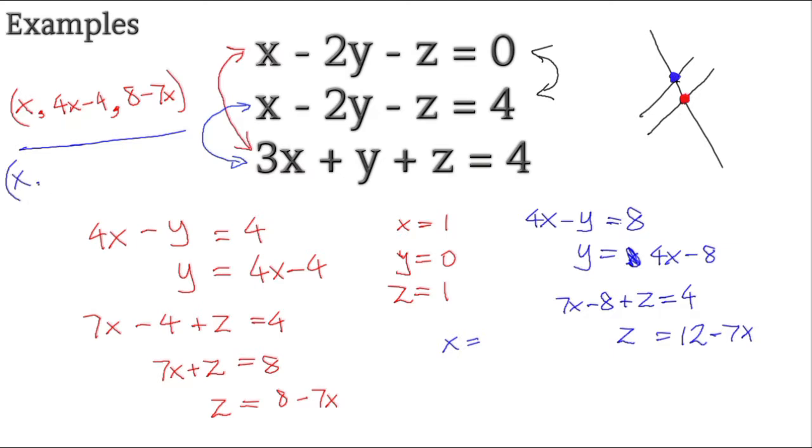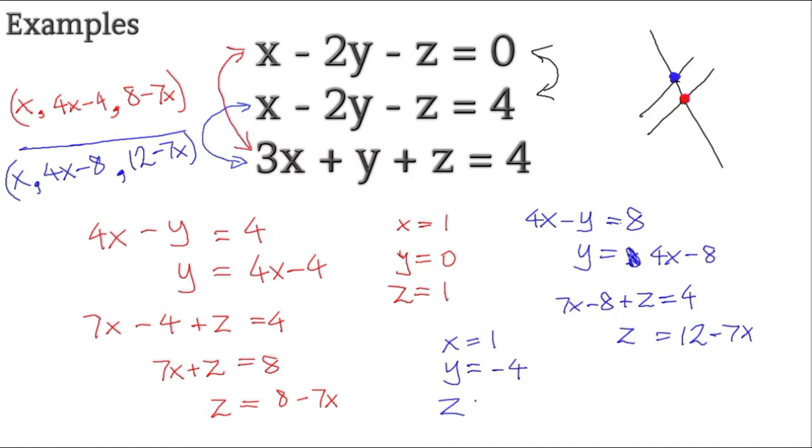x, 4x take 8, 12 take 7x. They do bear resemblance because they are essentially parallel lines by definition. So if we state x is 1, then we can also tell that y, by substituting, is minus 4.